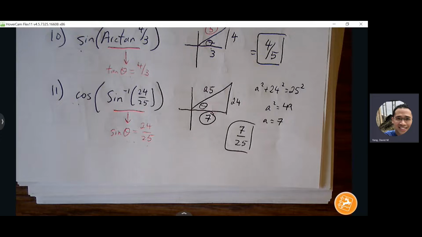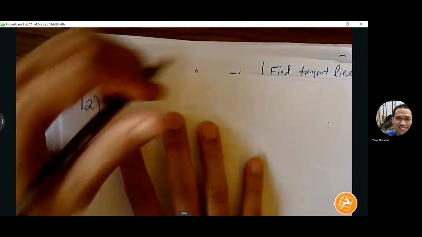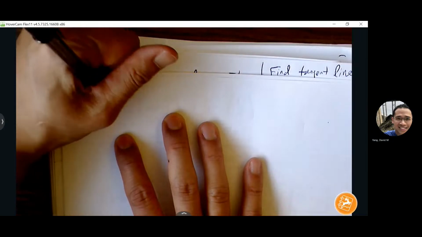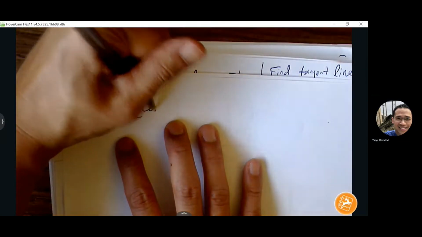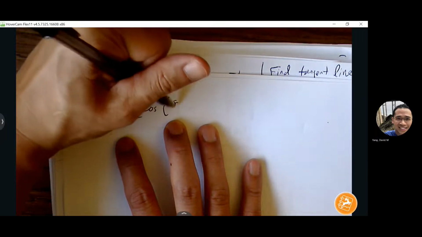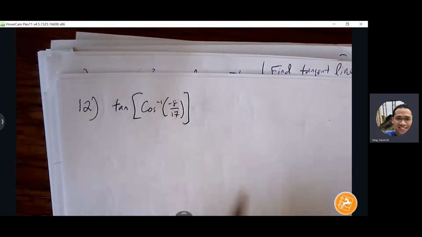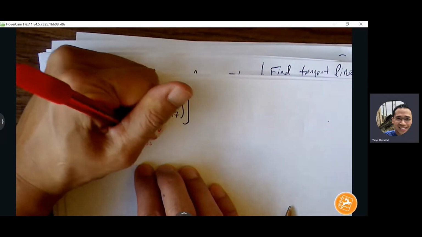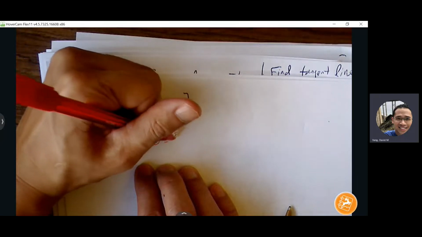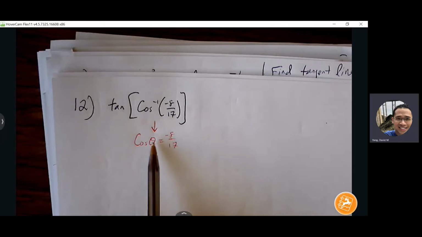Okay, number 12. Start with the inside. Let's build that information here. Cosine of theta is equal to -8/17. Okay, where's that triangle going to live?